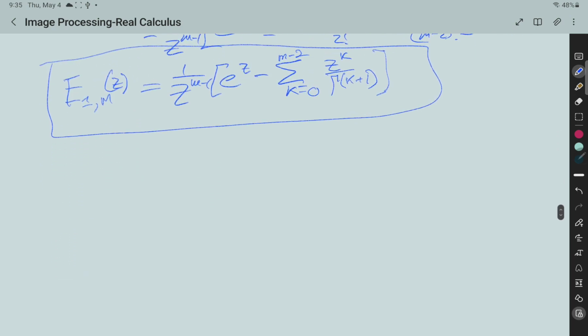Okay, now let's take a look at some other functions, like a trig function or hyperbolic sine or cosine. Just to remind you, the hyperbolic cosine of z is a sum, going from 0 to infinity again, of z to the 2k divided by 2k factorial.